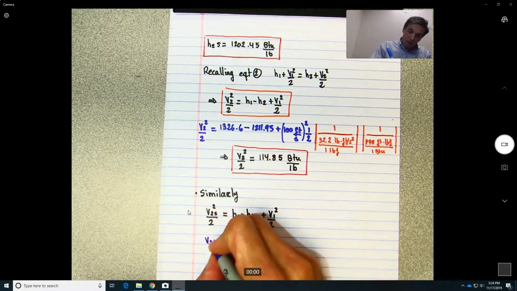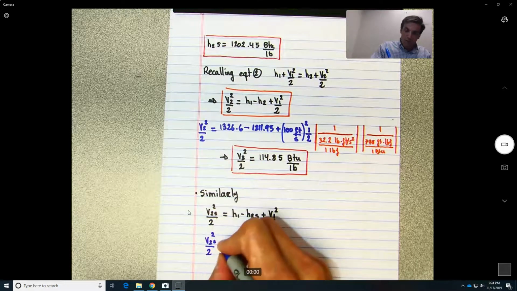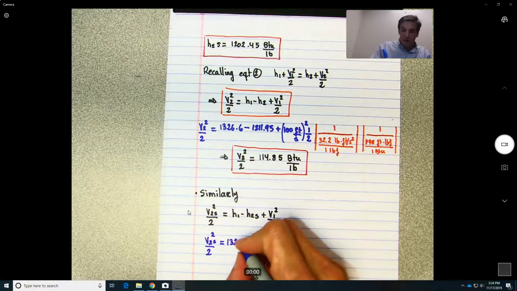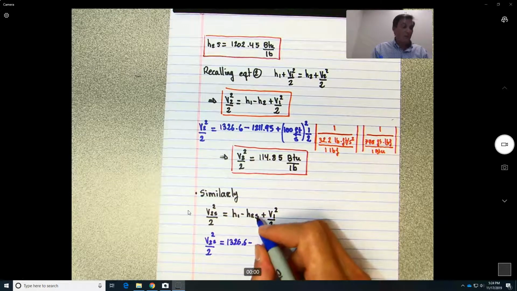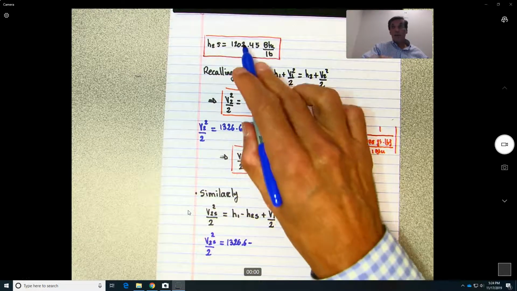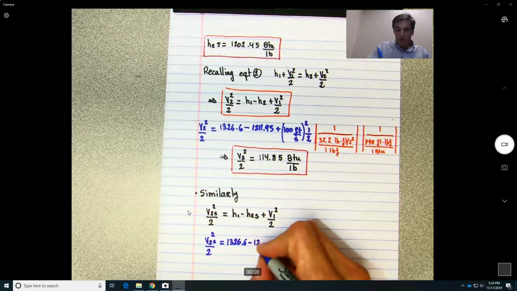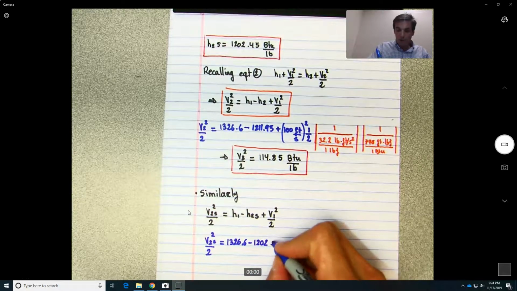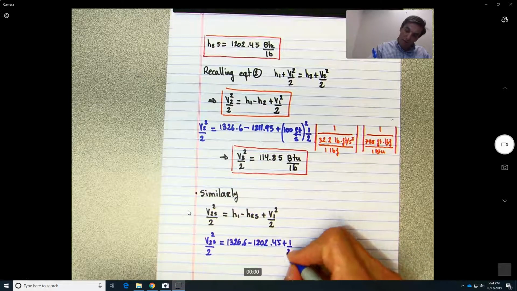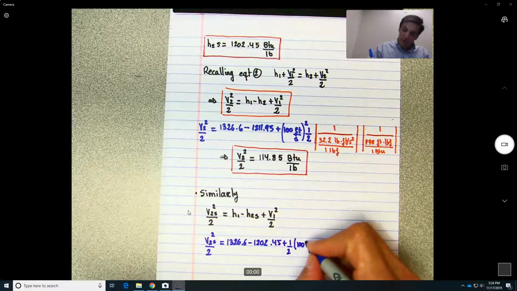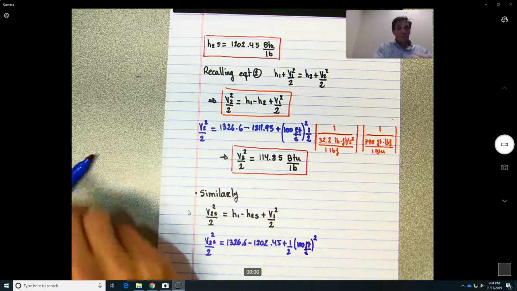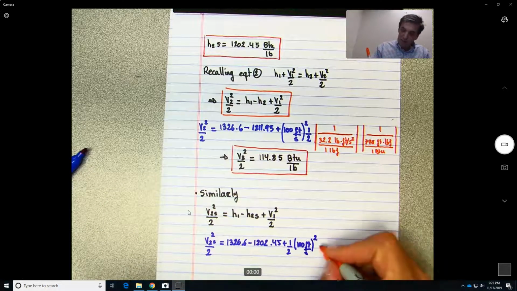H1 is the same, 1326.6, but this time H2S we found to be equal to 1202.45, it's right here. And now we get to the same problem over here, so 1/2 of 100 foot per second squared.